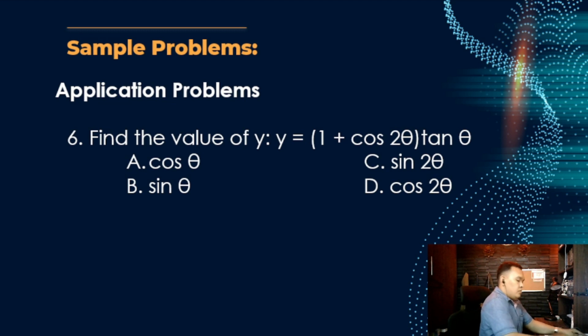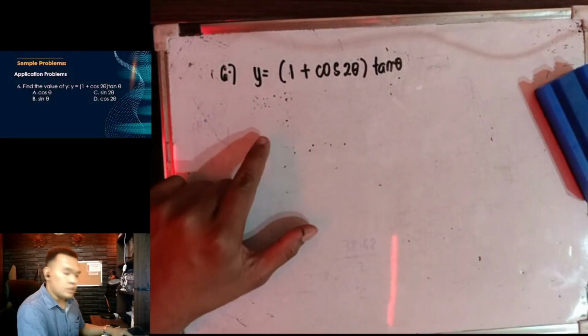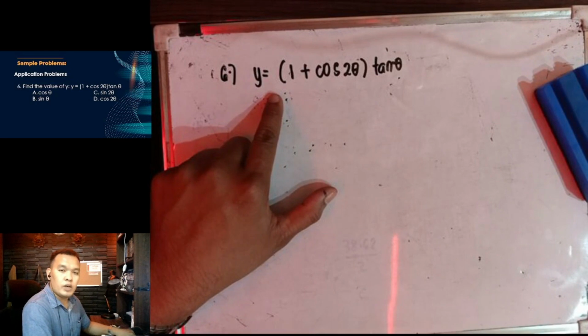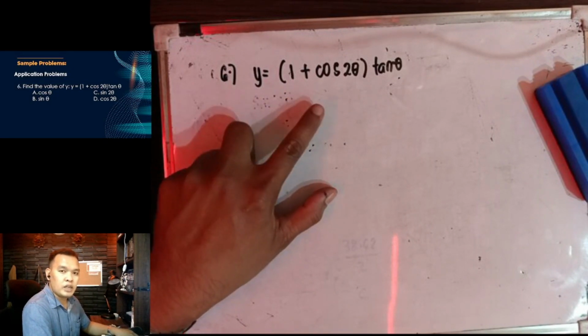Problem number 6. Y is equivalent kay 1 plus cosine 2 theta tangent theta.